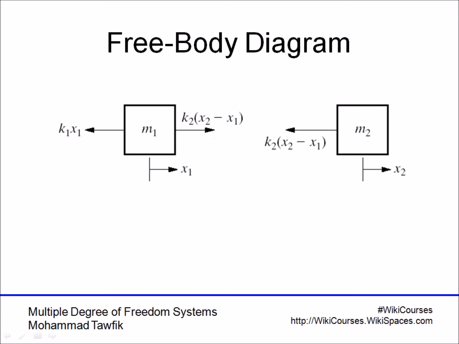On the other hand, if we focus on M2, then the only force acting on M2 is the force by the spring K2, which is again opposing the motion, but to be more specific, it will be opposing the relative motion. That's why we can see here x2 minus x1.